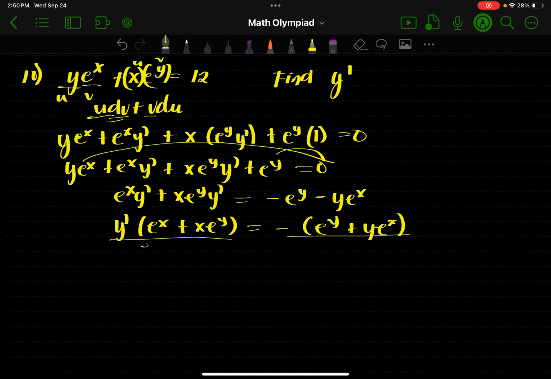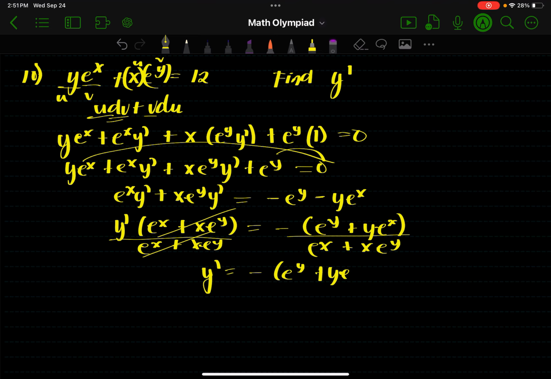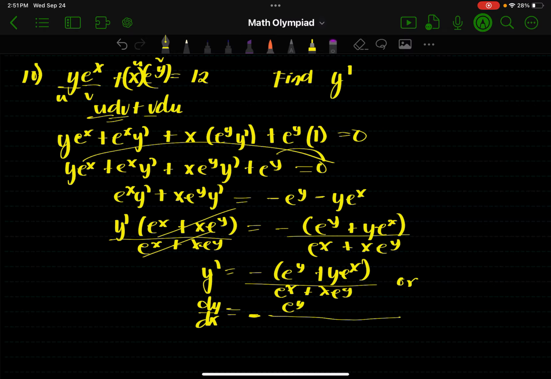Divide both sides by e raised to x plus x e raised to y. Cancel. Our y prime, or dy over dx, is the negative of e raised to y plus y e raised to x over e raised to x plus x e raised to y.